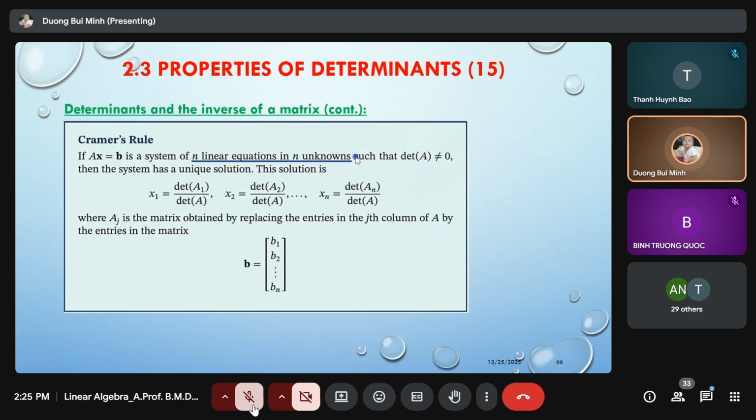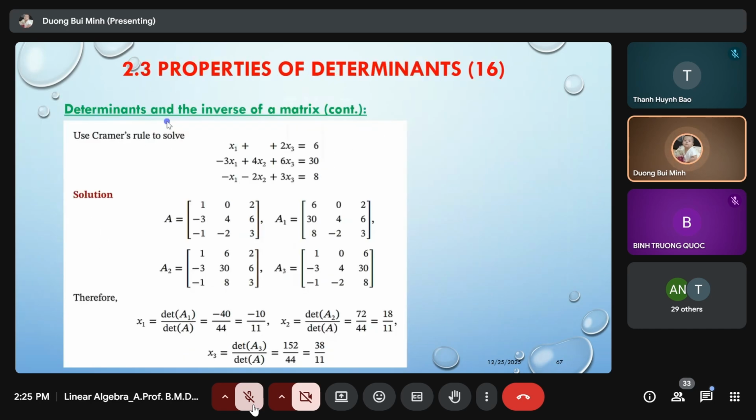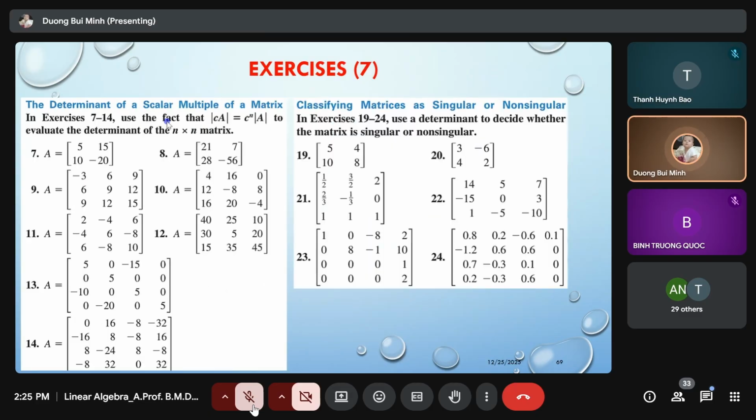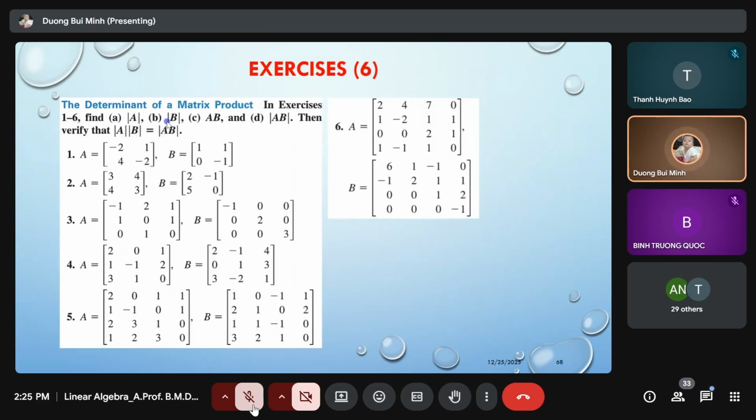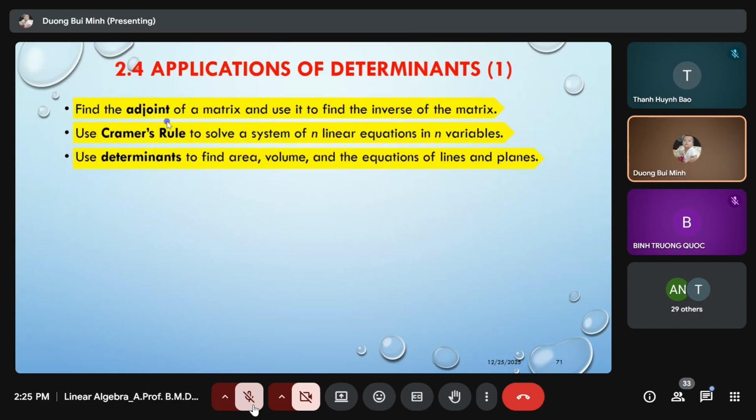So we also discussed Cramer's rule, right? We finished section 2.3, the properties of determinants, and then we had some exercises to practice. And we have the applications of determinants. We also talked about the adjoint. We use the adjoint to find the inverse of the matrix.